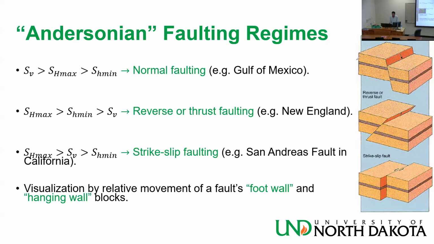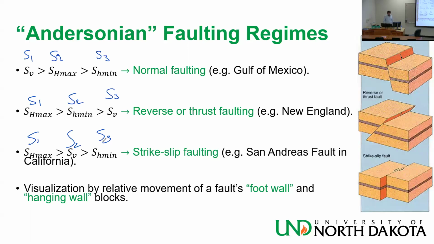Because for normal faulting, S1 is SV, S2 is SH max, S3 is SH min. For strike slip faulting, similarly, S1 is now SH max, S2 is SH min, S3 is SV. And for reverse faulting, S1 is again SH max, S2 now is SV, and S3 is SH min.